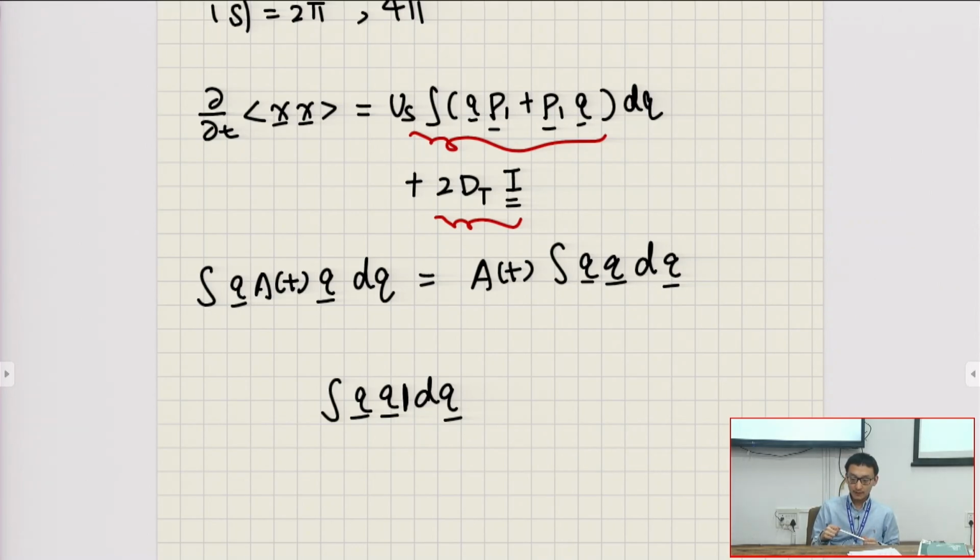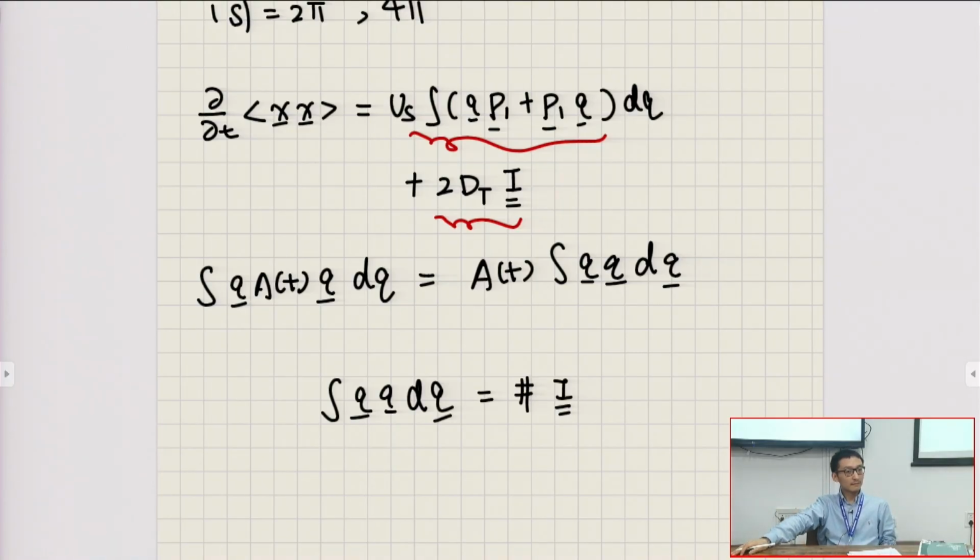But this is a rank 2 tensor, which means we should get a rank 2 tensor that's isotropic. And there's only one such tensor, which is the identity. So just by geometry, we can conclude that this has to be some number times the identity tensor.